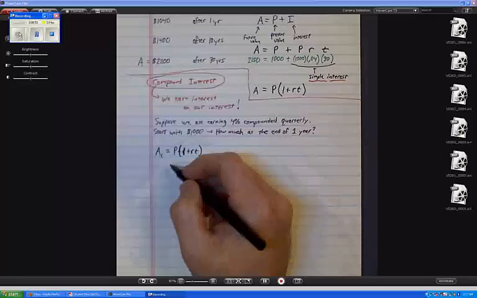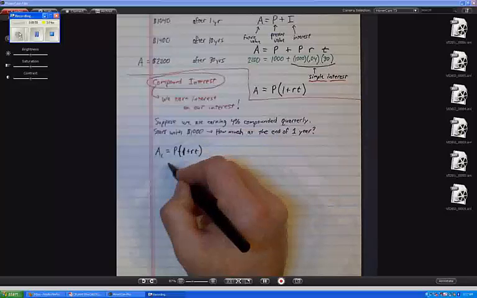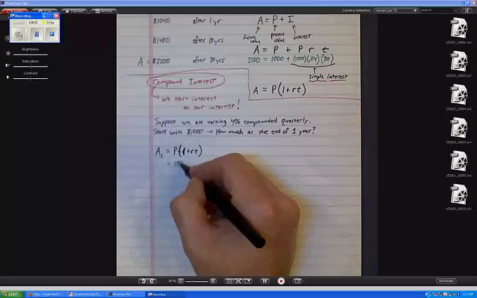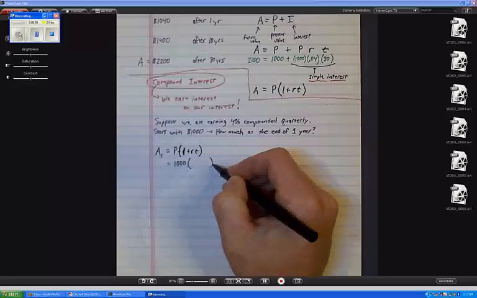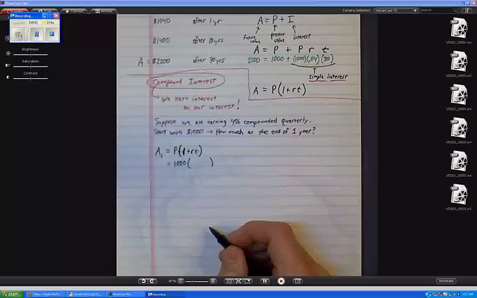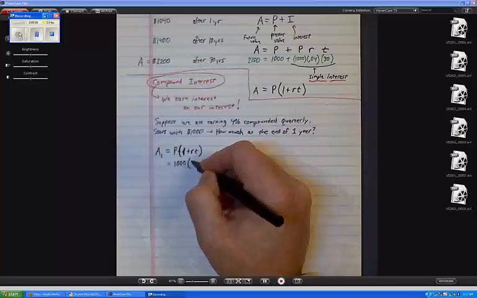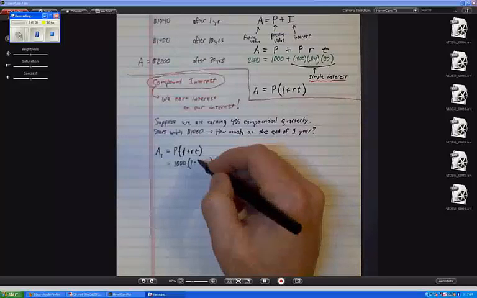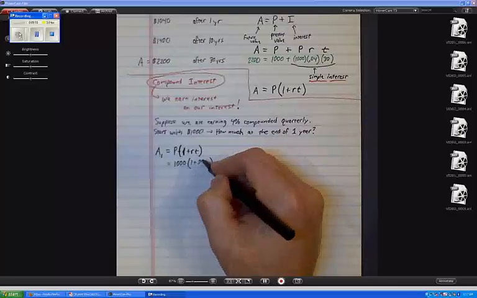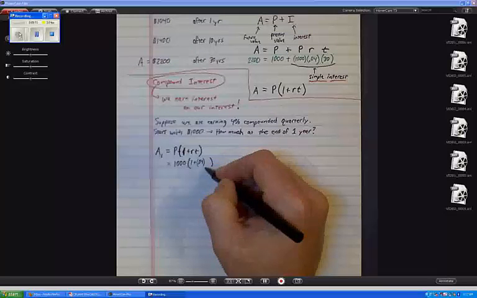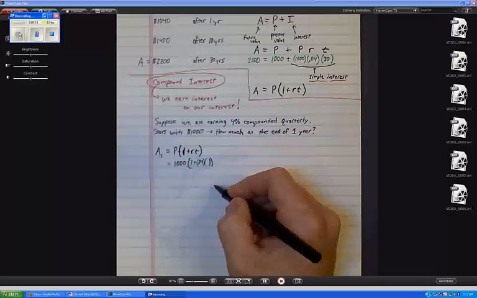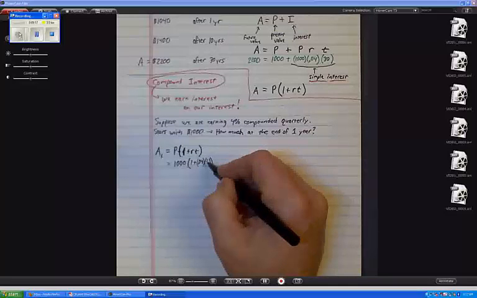And so in my particular example, it's $1,000 times, I probably should have made those parentheses bigger, 1 plus, I'm going to put 0.04 times what T? Well, you know what I better put? How about 1/4?